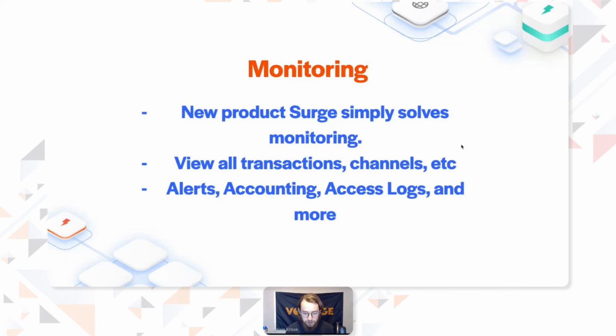And it'll be very security focused as well, where we'll be able to add in things like access logs, getting better accounting so you can keep track of funds, so you can see if there's anything going on that might look nefarious. Also alerts of channel closes or offlines or anything that you could really imagine. This is something that we are actively developing right now. We hope to launch in the first week of January or so.